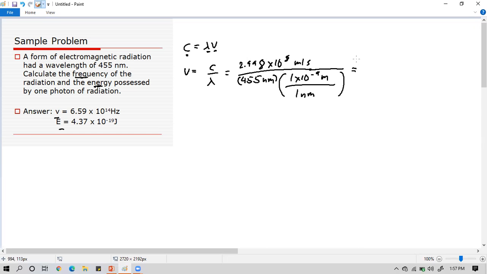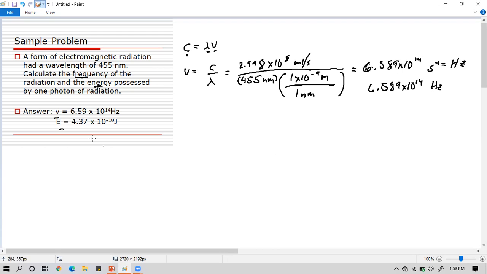So, let's input it in our calculator, and you will get the value 6.589 times 10 raised to 14 s negative 1, because the second is in the denominator, meter per second. So we write 6.589 times 10 raised to 14 hertz, since the reciprocal of second is also a hertz.